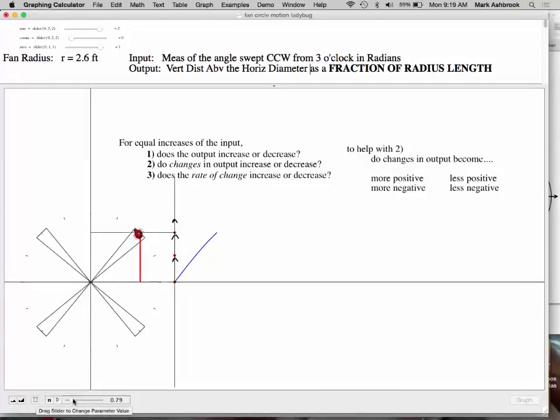Our horizontal axis is theta, angle measure in radians. This vertical axis is our vertical distance above the horizontal diameter as a fraction of the radius length.